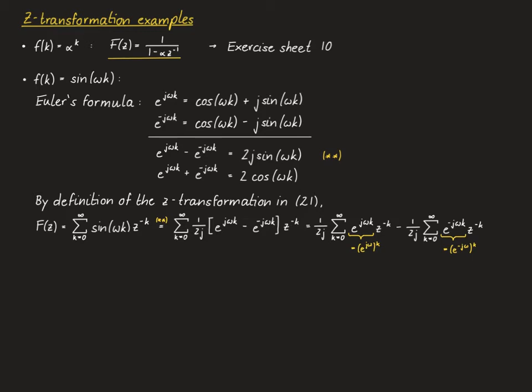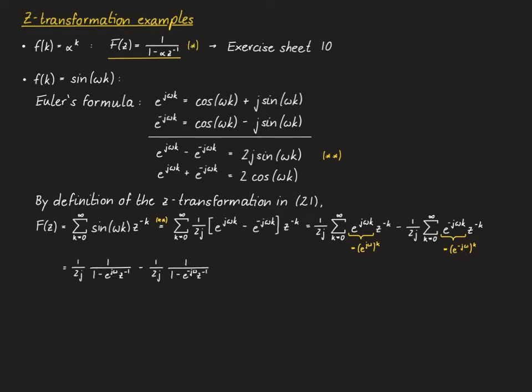Thus, we realize that in both cases these infinite sums correspond to the definition of the Z-transform of a function like f of k equal to alpha to the k, where in the first case alpha is equal to e to the j omega, and in the second case alpha is equal to e to the minus j omega.